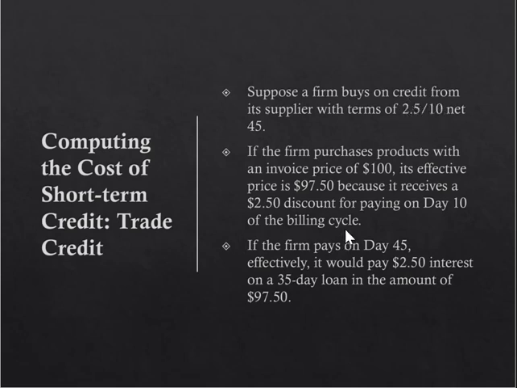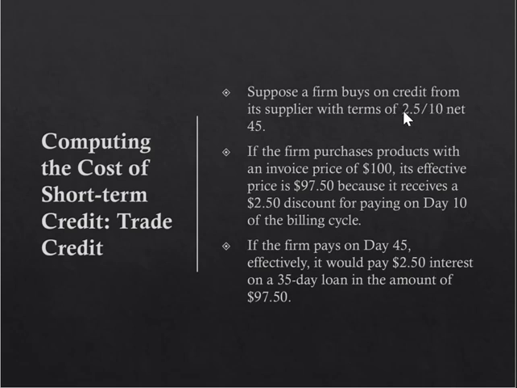2.5 10 net 45 means that if the firm pays at day 45, it would pay $2.50 in interest on a 35-day loan in the amount of $97.50, because your real cost of the inventory is $97.50. What your supplier is saying is, we're going to charge you 2.5% interest if you want to use the full 45 days.